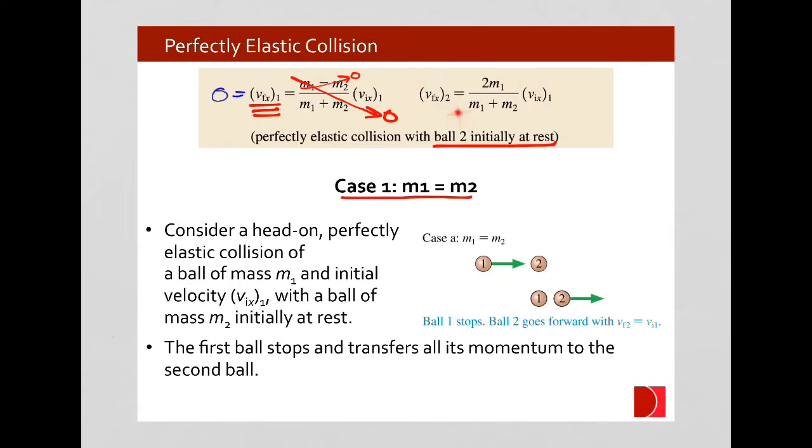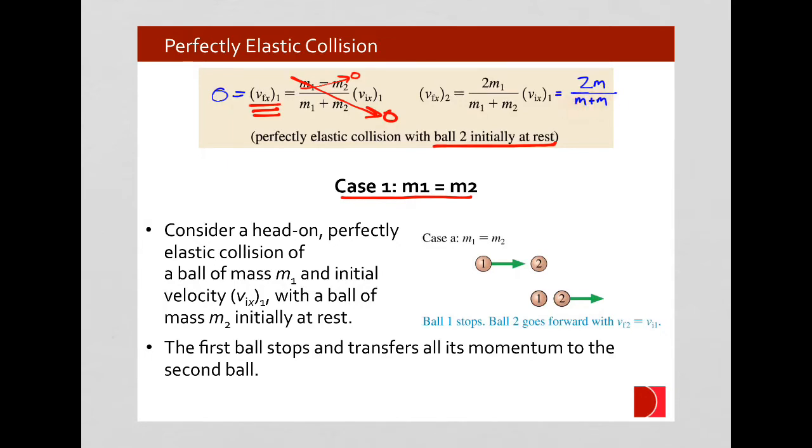If we look at the velocity of the target particle, we're saying that m1 and m2 are about the same amount. That's like saying we have 2 times m on top, and we have m plus m on the bottom, because m1 and m2 are both some mass, they're both the same amount of mass.